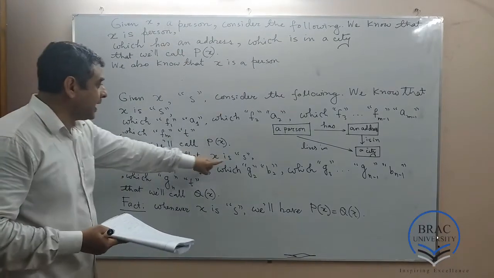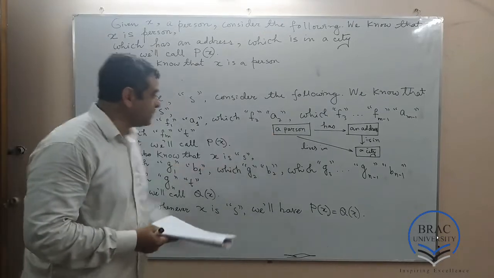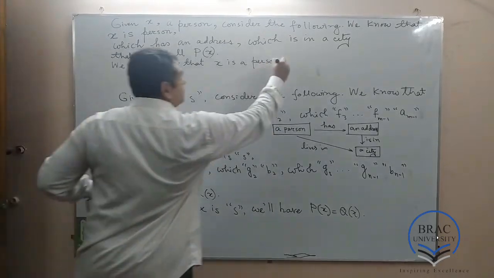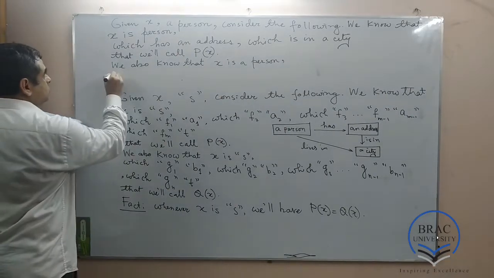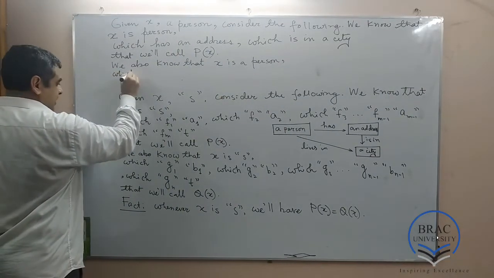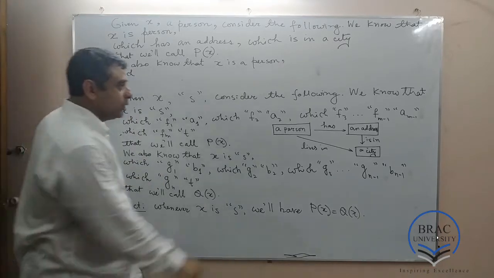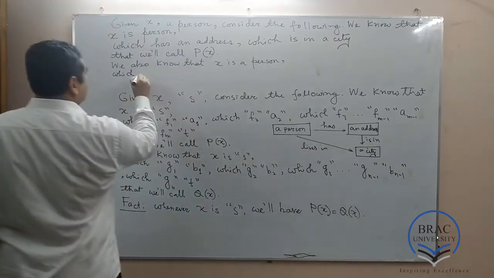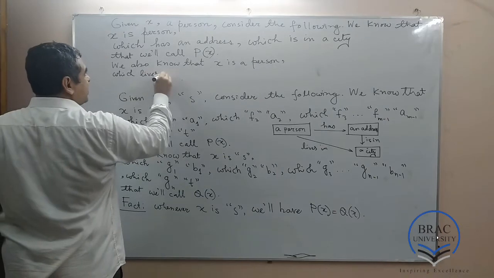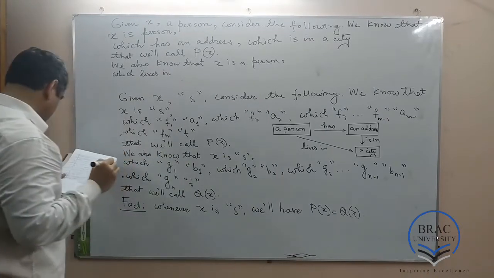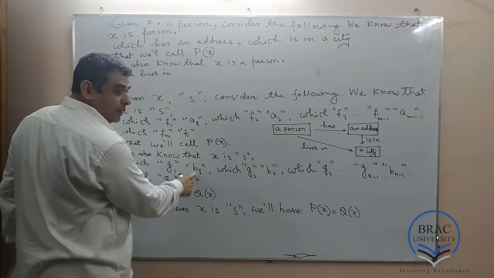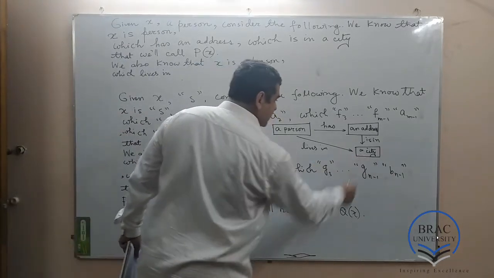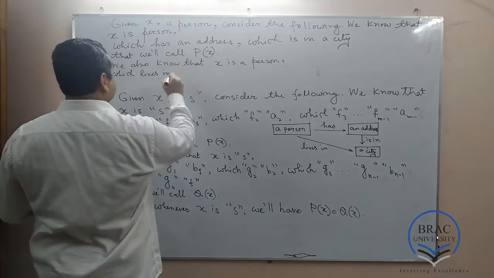We also know that X is S and S is the person, comma, which G1 is lives in, which G1 B1 is a city, which lives in a city.